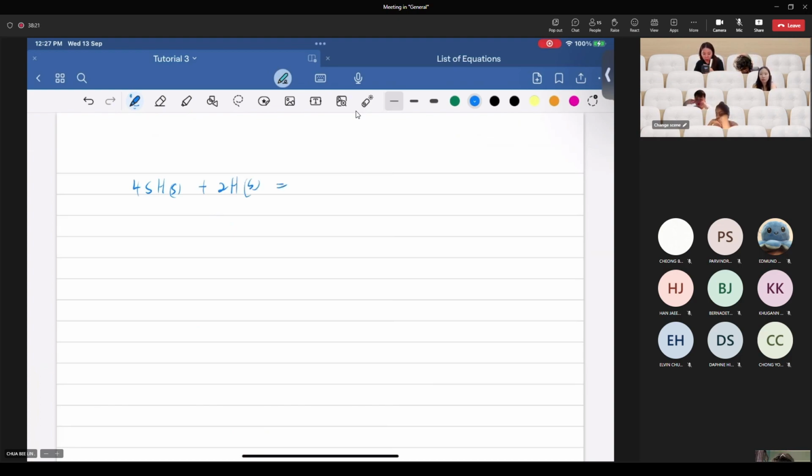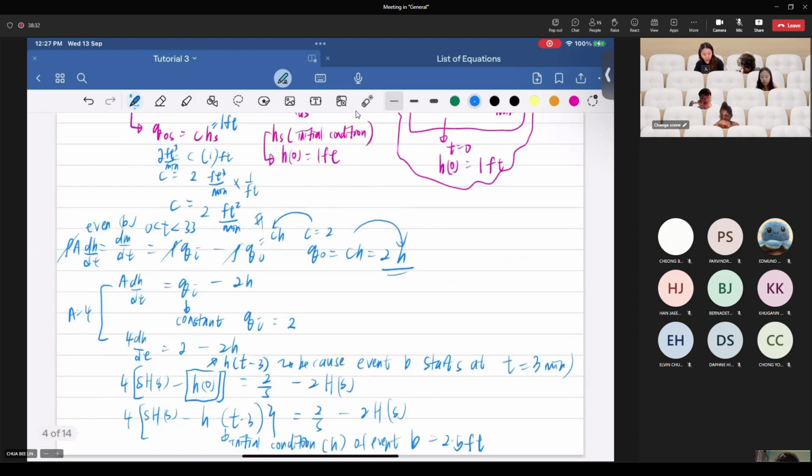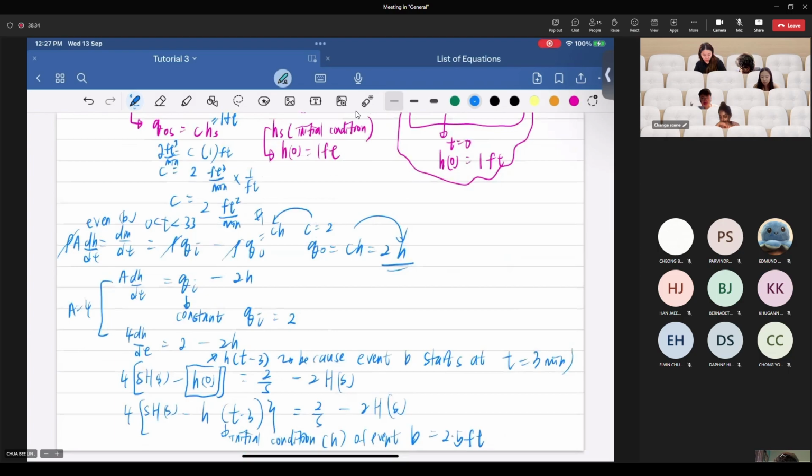So you move the hs to one side, then 2 over the s plus 4. So you do the expansion. Means you do this expansion. Multiply inside, multiply inside. And this is 2.5.